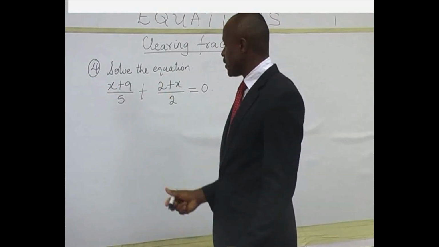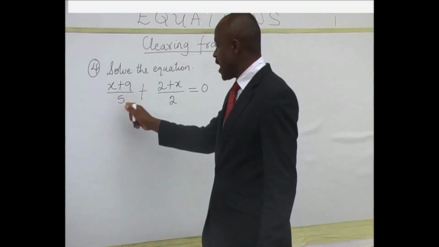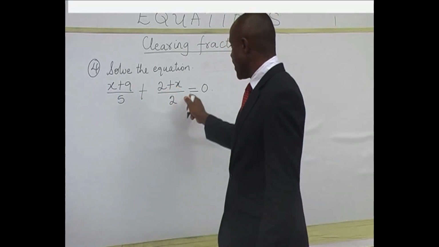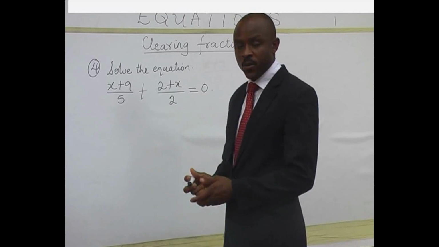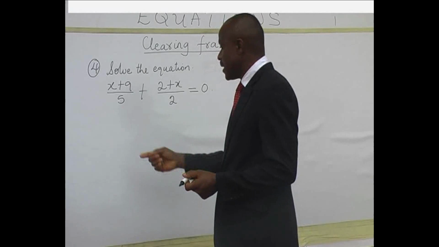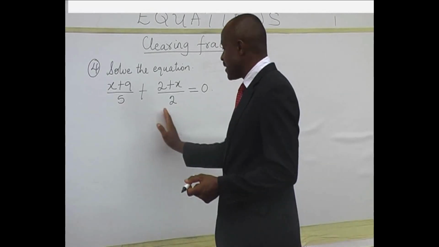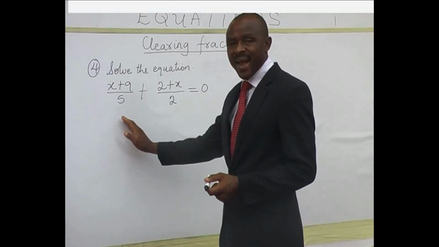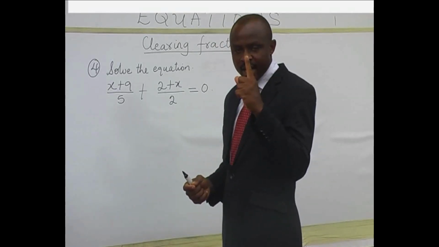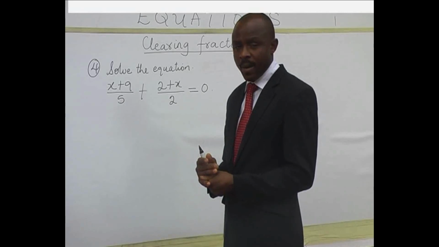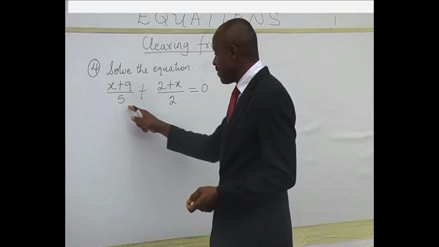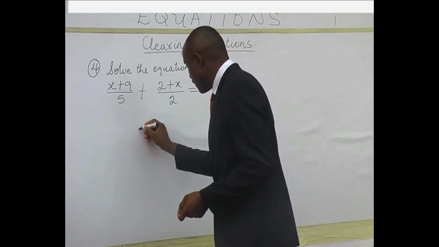Solve the equation x plus 9 all over 5 plus 2 plus x all over 2 is equal to 0. What we're going to do is simplify the left-hand side of the equation, or make the left-hand side of the equation have a single denominator. In doing that, you are going to find the LCM of 5 and 2, which is 10.